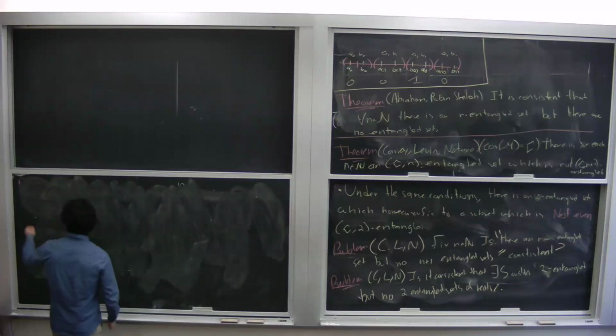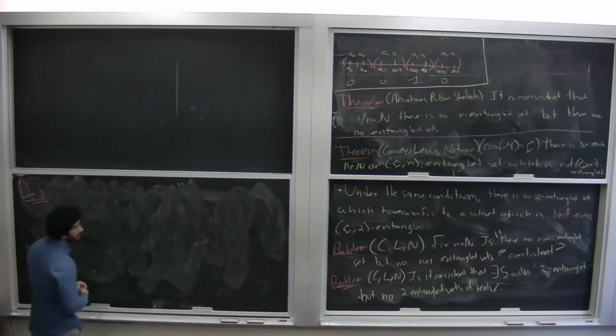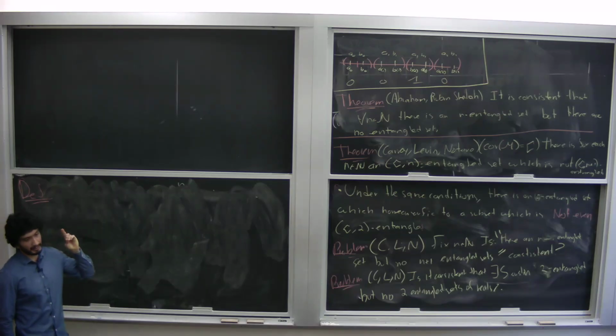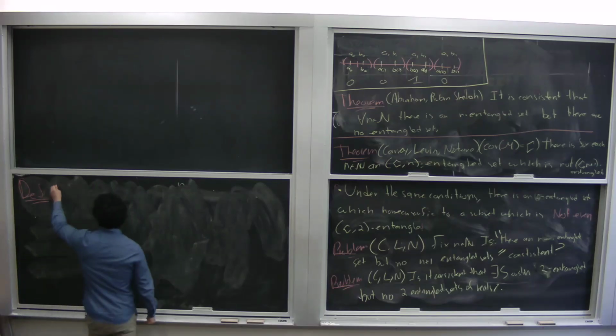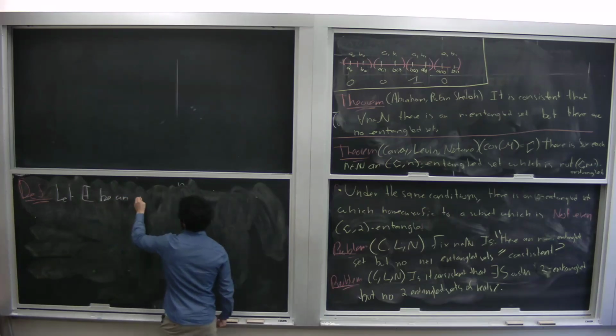Okay. So, definition. Here we're fixing an entangled set E. So let E be an entangled set.